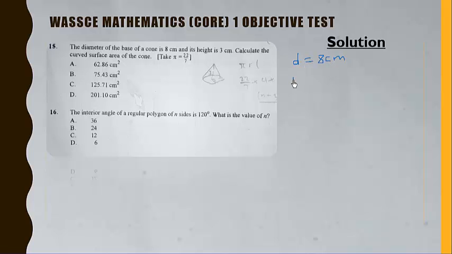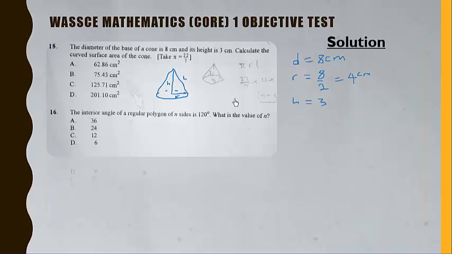So we know the diameter is given by 8 centimeters. The radius will be half of the diameter, which is 4 centimeters. Now we want to find the curved surface area. So we know the height of the cone, and we know the radius of the cone too.